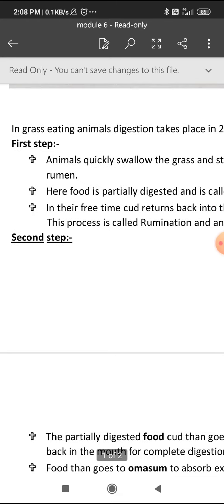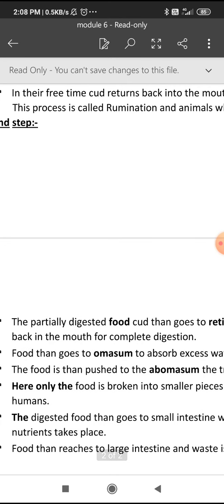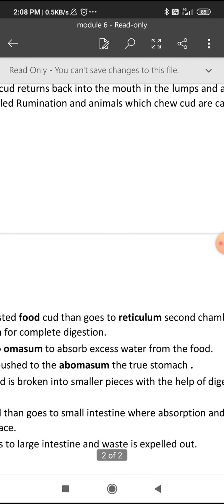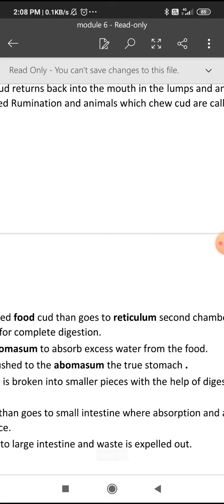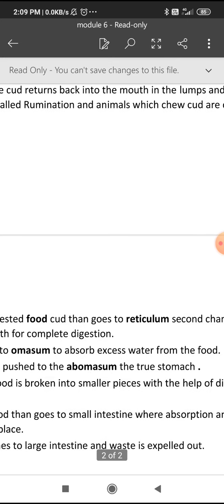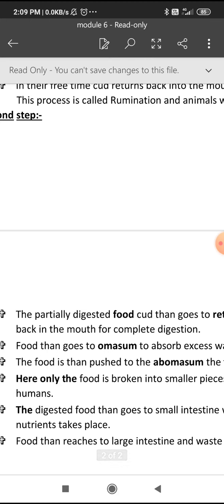Now in the second step, the partially digested food, that is the cud, goes to the reticulum. That means from the rumen, this food has to be transferred back to the mouth. So it goes through the reticulum, the second chamber, where it is sent back to the mouth for further digestion.